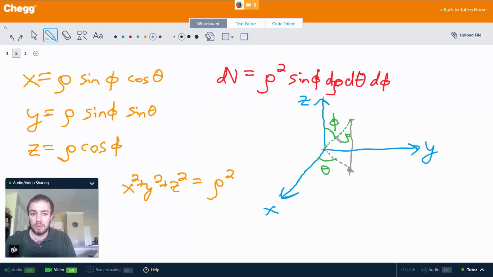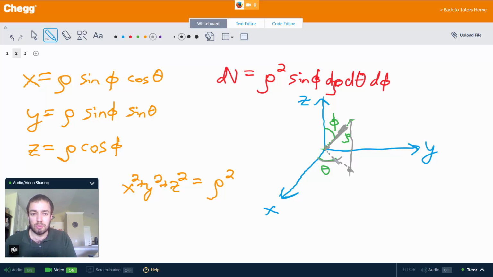So rho is going to sweep out every radius that we have from 0 to 1 as we move throughout the unit ball. And then theta goes from 0 to 2 pi, so theta sweeps out everything in this direction. Now the problem is, if phi also goes from 0 to 2 pi, then we're going to sweep everything out twice. So what we actually want is to just have phi go from 0 to pi. Okay? So rho goes from 0 to 1.